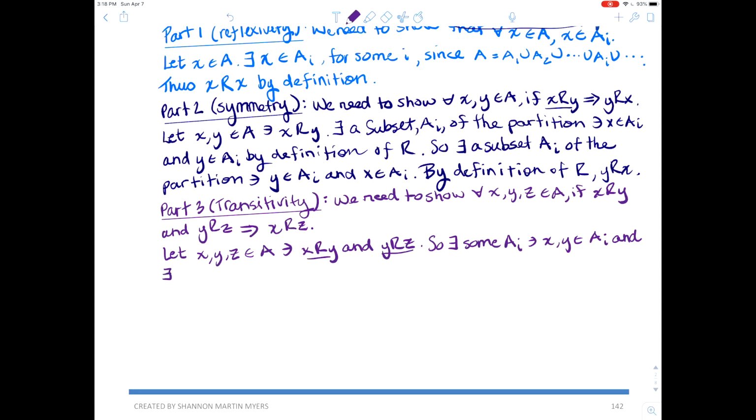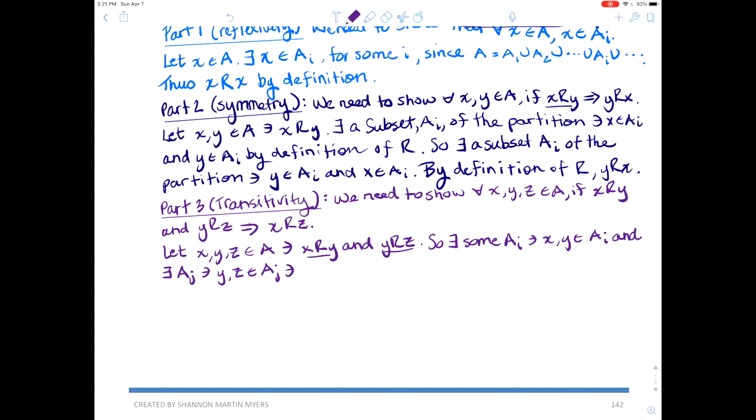There exists some other subset of the partition, call it AJ, such that Y and Z belong to AJ. Well, what we're going to do is suppose that these 2 subsets of the partition aren't equal. So we're going to suppose AI is not equal to AJ.